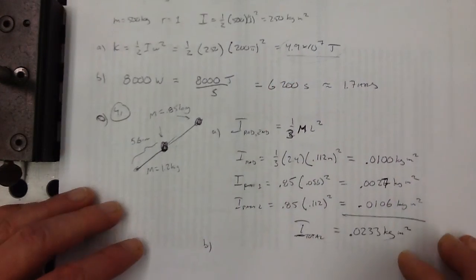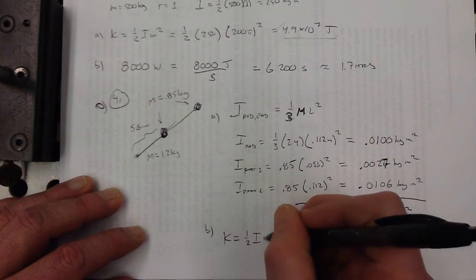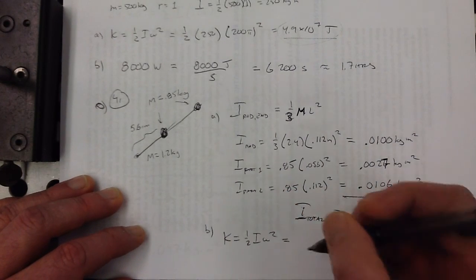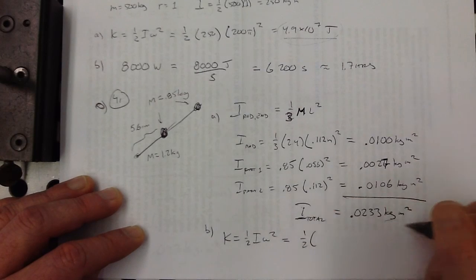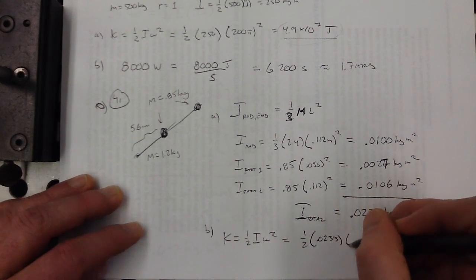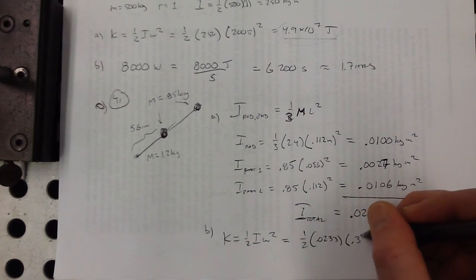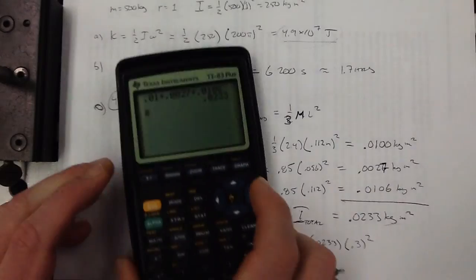Part B, we just want to know what's the kinetic energy, which is 1/2 I omega squared. 1/2, there's my I, 0.0233, if it's rotating at 0.3 radians per second.